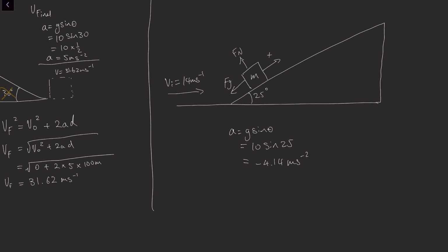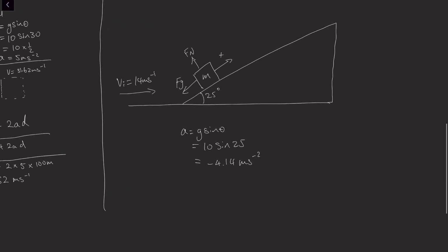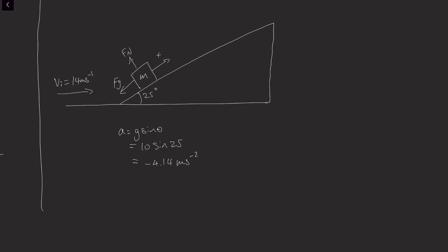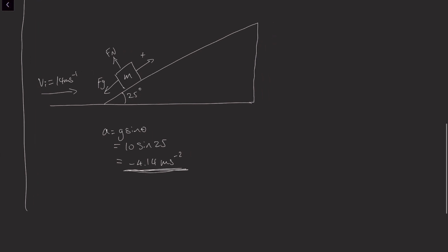So the next question now is, what is the distance that it takes for this block to stop? And notice that I put the negative sign here for the acceleration because it's accelerating down the slope, but we have defined the uphill direction to be positive, so it has to be negative.